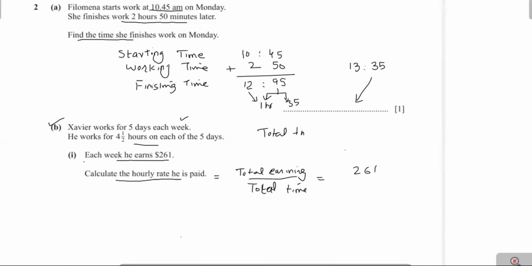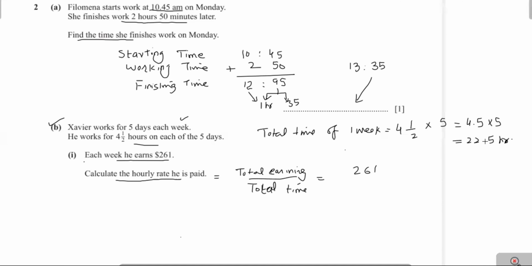Total time of 1 week is 4.5 hours multiplied by 5 days, because he works 5 days in a week, and each day he works 4.5 hours. We multiply 4.5 by 5, and the answer is 22.5 hours.